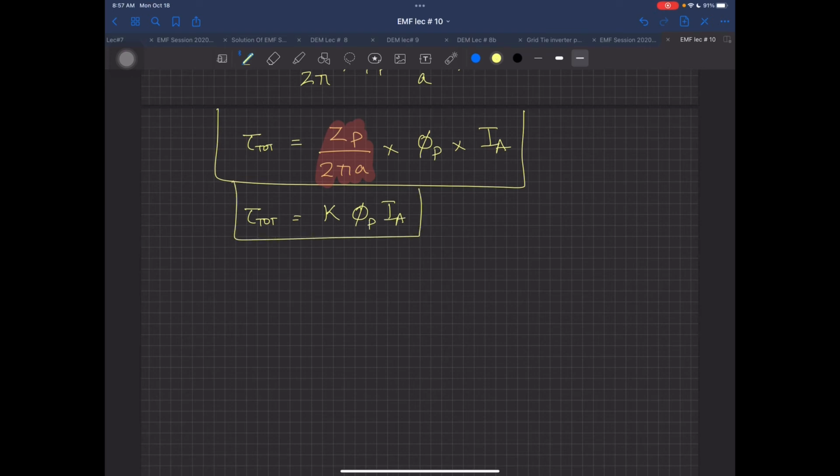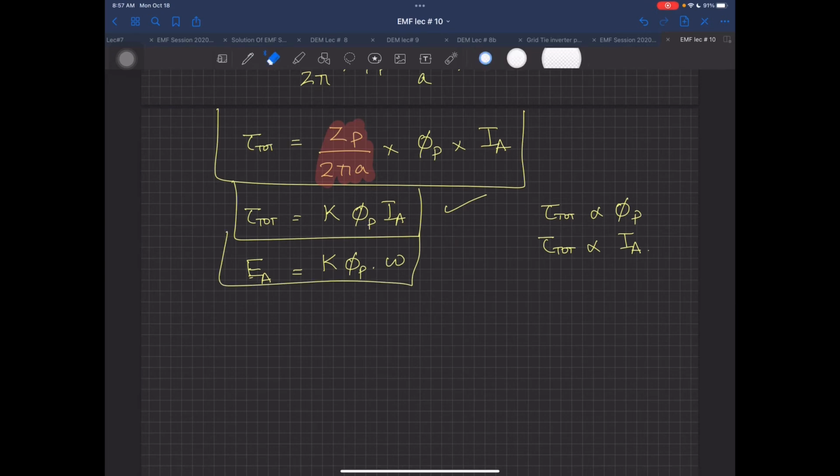What this tells me is that your total torque is proportional to your flux, and also proportional to your current IA. The rest are machine constants and they are not changing. So now you have two relations. One is this, and the other we proved previously is K phi P into omega. One very important thing, you can even use just phi also, it's the same thing.